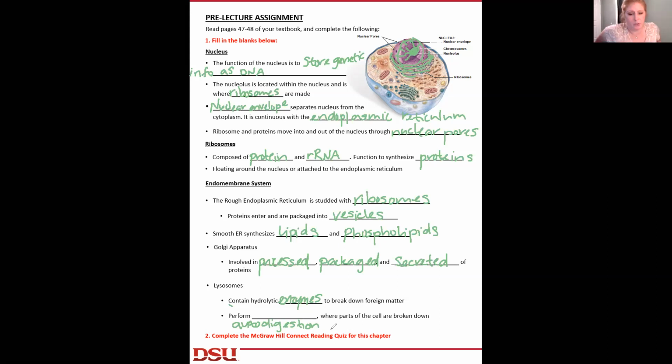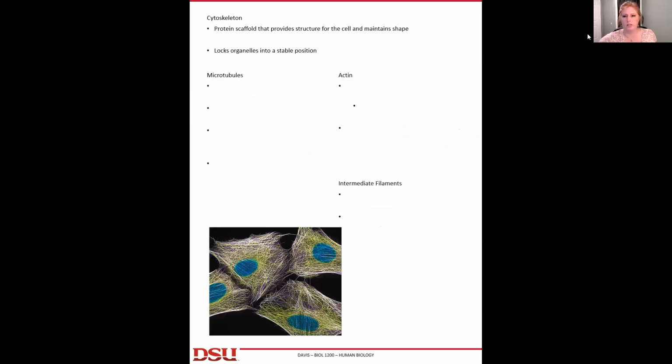There's a couple of disorders around lysosomes that we may get to talk about in our genetic section. Okay, we move to the next page.